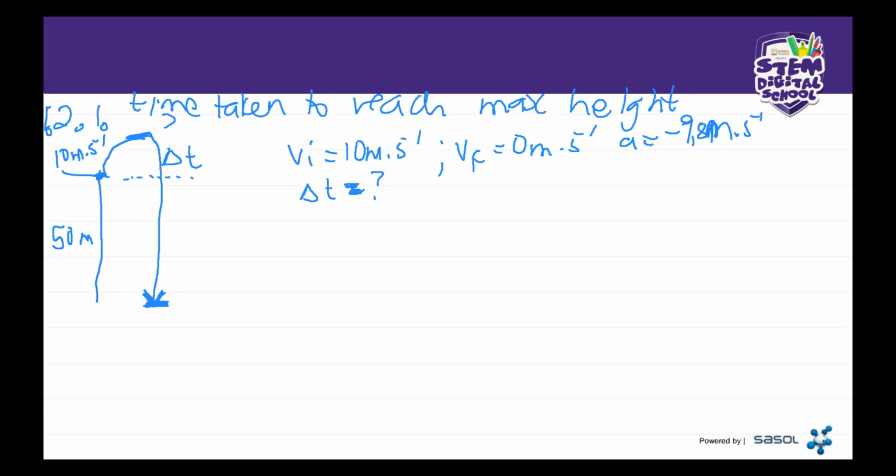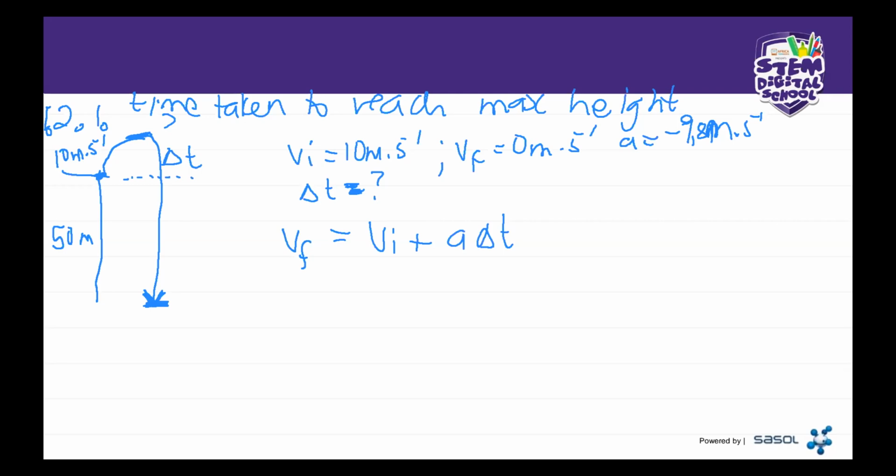So what are we going to do? Which formula are we going to use? Remember, we've got all the formulas together, but which one has change in time? We can use this formula that says final velocity is equals to initial velocity plus acceleration times change in time. I think this is the most basic formula in this type of questions, okay?